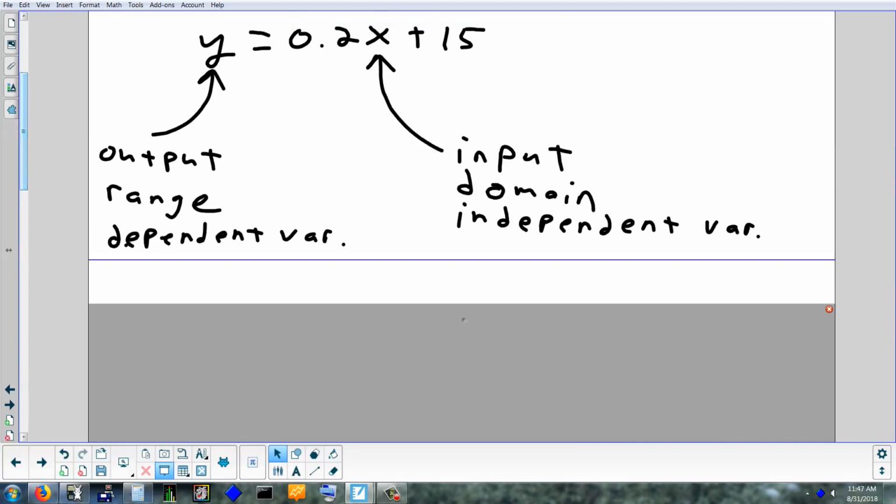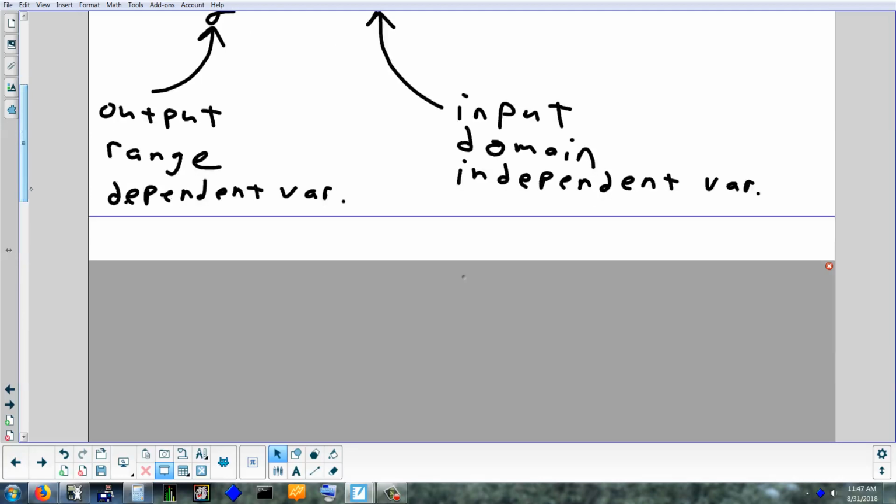Does anybody remember the name of the test to see if something is a function? It's something you can do. It's 3 words. Okay, so we'll come back to that.